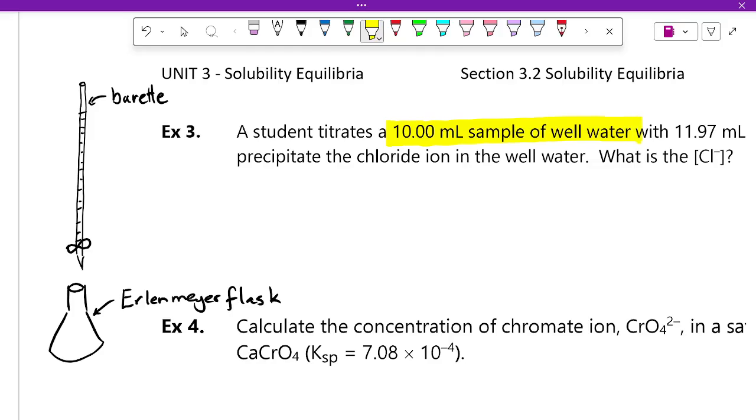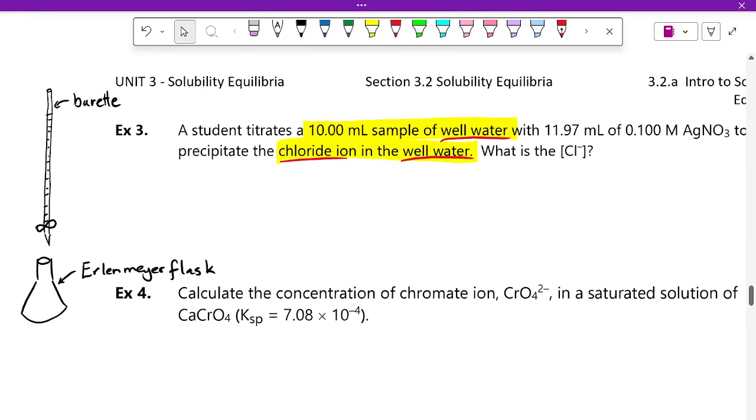And we are told that there is chloride ion in the well water. You have to be okay with the fact that there's information about the well water in the first sentence and in the second sentence. You need to be able to read and comprehend.